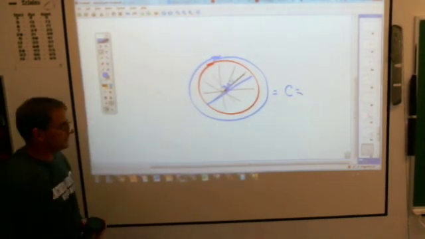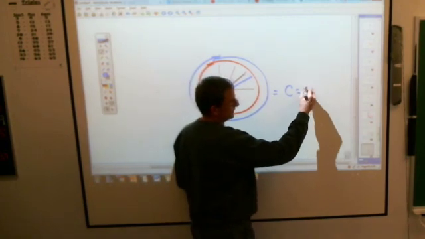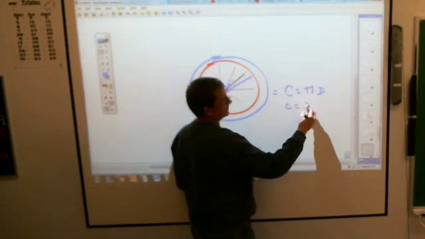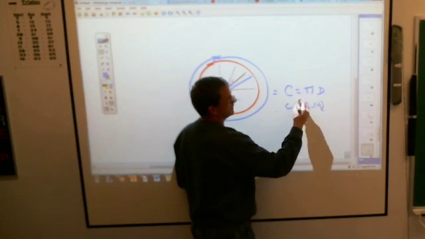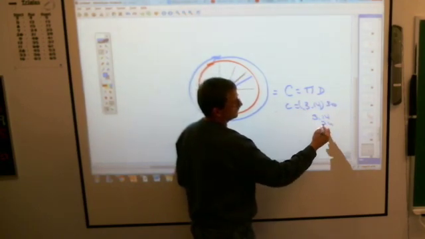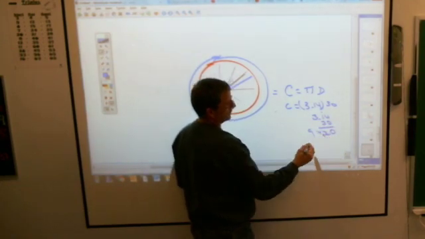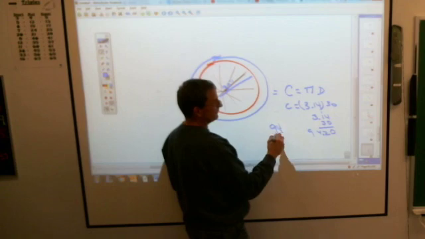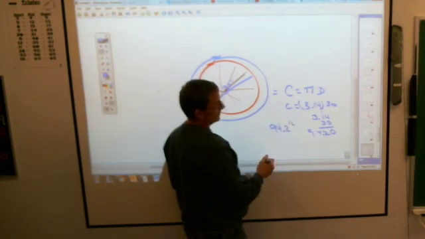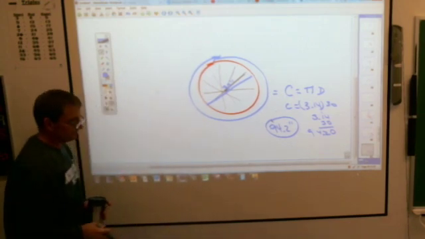It doesn't say, but since it's not a multiple of 7, I'm going to use circumference equals pi times diameter. Circumference equals 3.14 times 30. It's a pretty easy multiplication problem. Most of you would do this in your head. It rolls about 94.2 inches every time it goes around a circle.